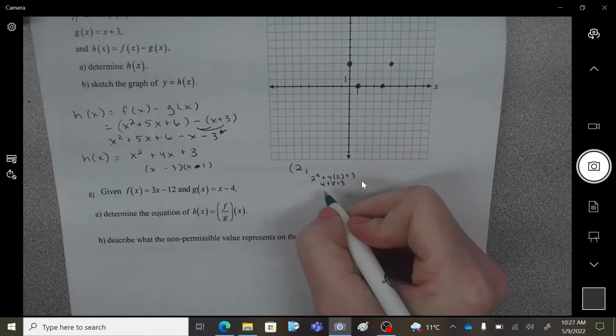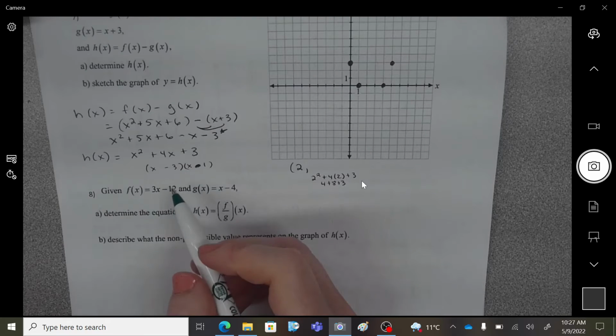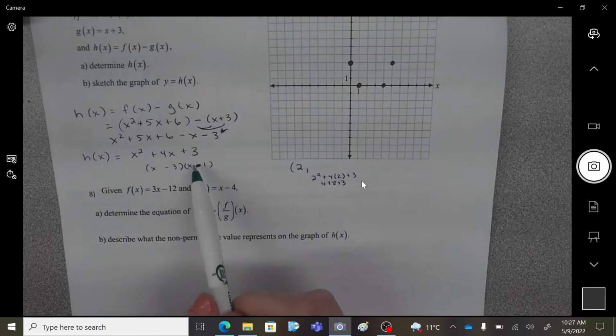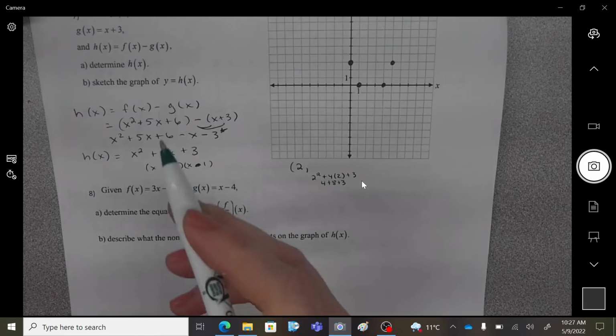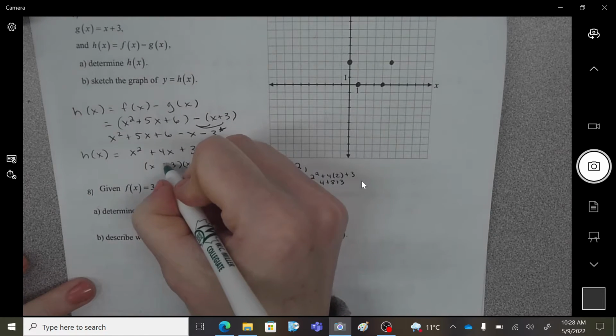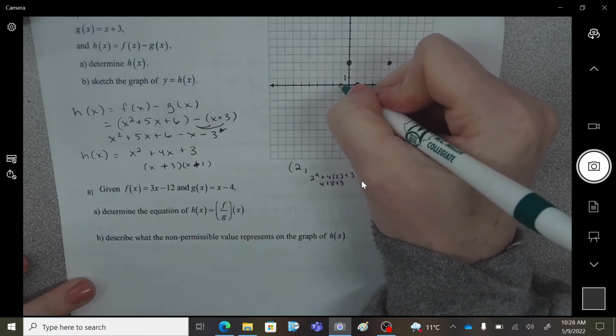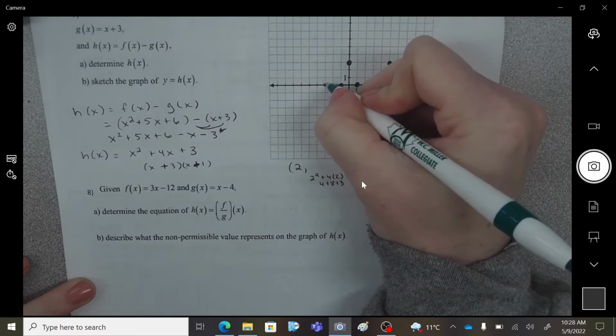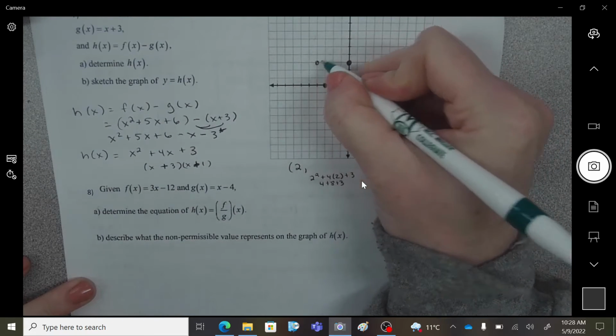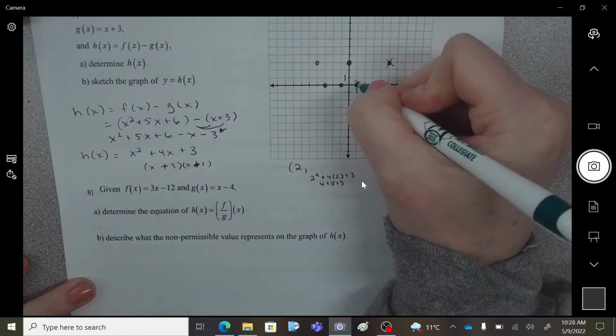Hold on here. Oh, why did I do this? Sorry guys. Backtracking here. There we go. So this is actually a minus and minus. That would make more sense. I'll flip that point. There we go.